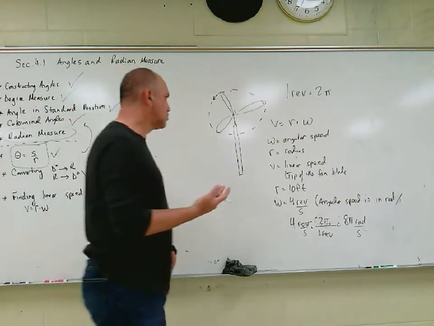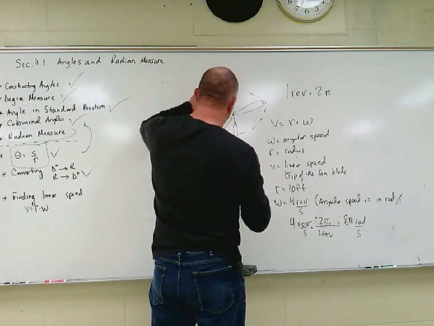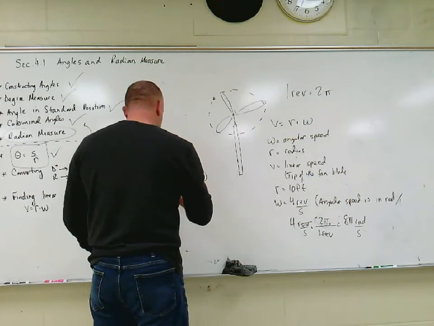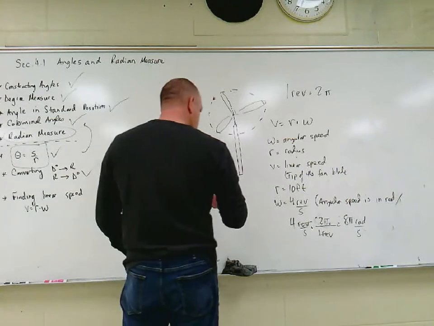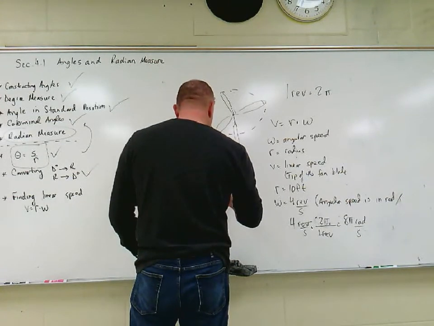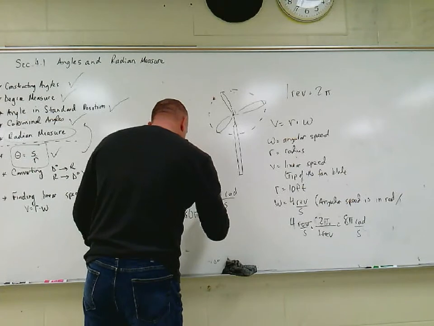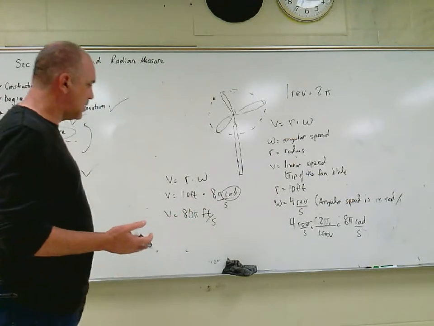And now it's just a plug and crank. V is how fast the tip will be moving. So V equals R times W. The radius is 10 feet, the angular speed is 8 pi radians per second, so we get 80 pi feet per second. Remember, radian is not really a unit, it's just a number.